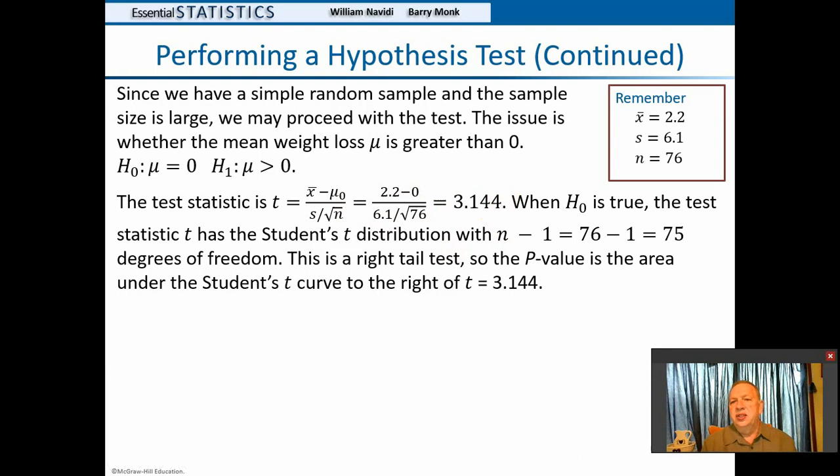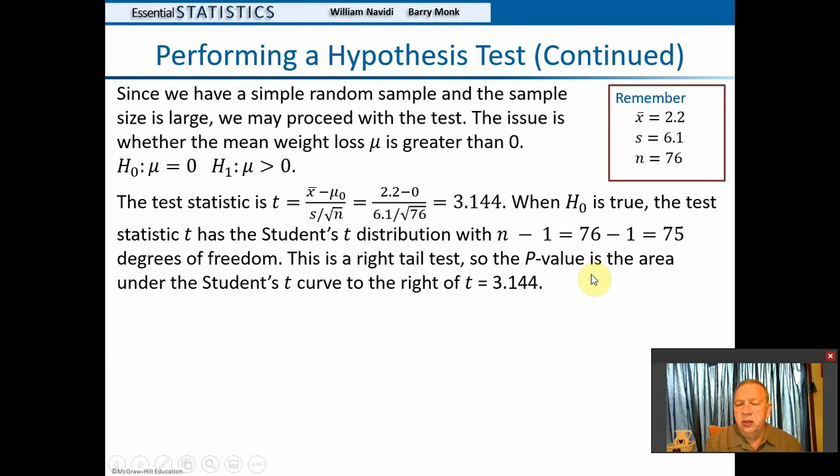When H0 is true, the test statistic t has the student's t distribution. I'll have to go to my table or use my calculator with the t distribution. The degrees of freedom is 75. It's a right-tailed test, so I would find the p-value.